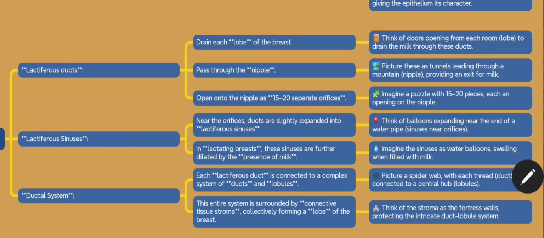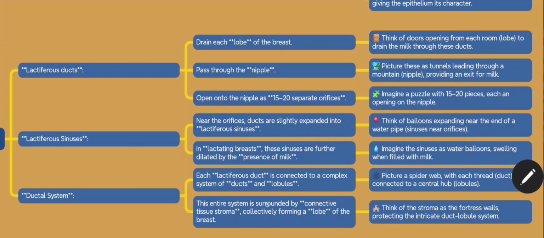Then the ductal system. Each lactiferous duct is connected to a complex system of ducts and lobules. This entire system is surrounded by connective tissue stroma, collectively forming a lobe of the breast. So the ductal system has two points. Each lactiferous duct is connected to a complex system of ducts and lobules.